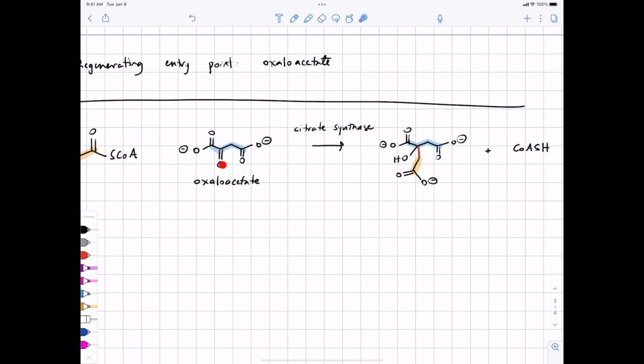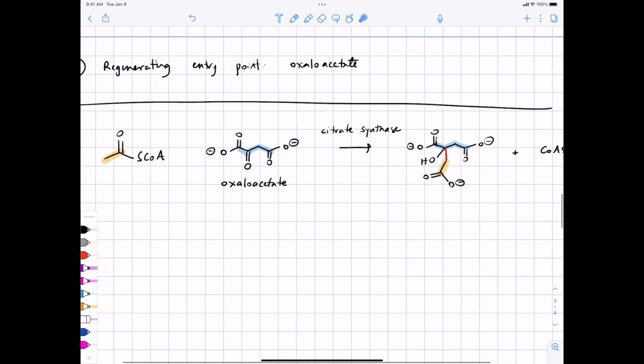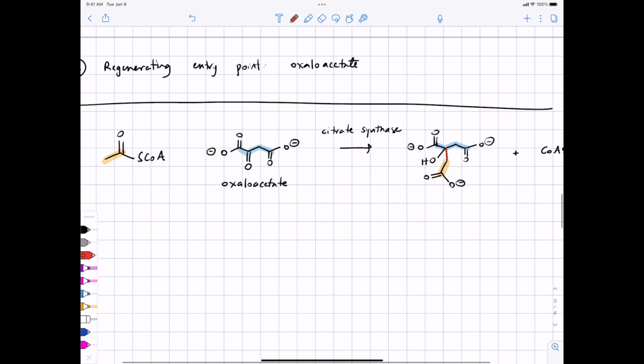What was it? It was an enolate, right? So this is really an aldol reaction. It's a 2-part reaction. It's aldol and then it's thioester hydrolysis, because you'll notice the thioester ends up as a carboxylate group.